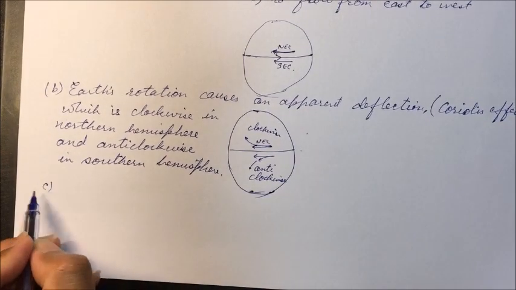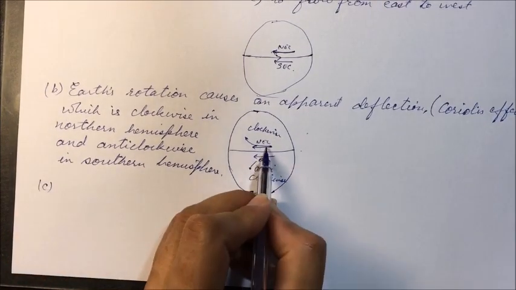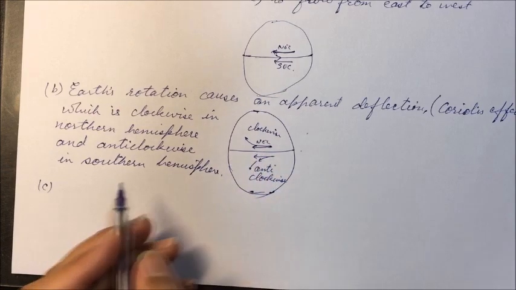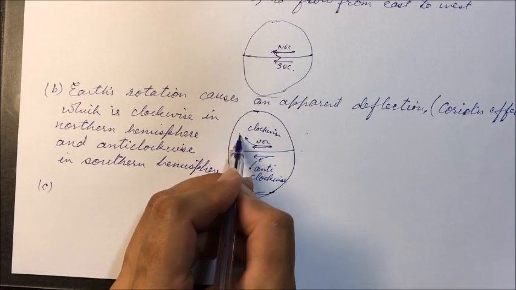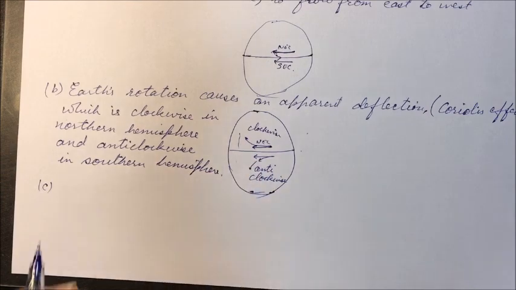Now the last point, that is equatorial currents. As these currents move towards the west, there is piling of water in the west. Here we have the landmass and water gets piled here.